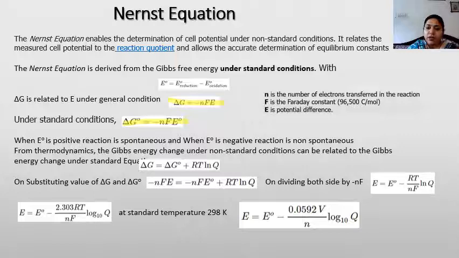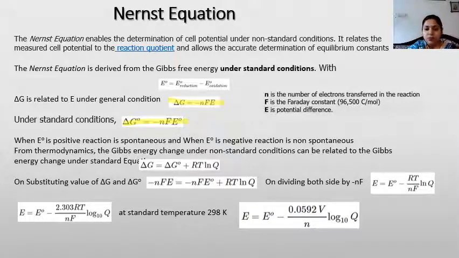According to thermodynamics, if delta G is negative, the reaction is spontaneous. If it is positive, then the reaction is non-spontaneous. So if E naught is negative, in that case delta G will become positive and the reaction will be non-spontaneous. But if E naught is positive, in that case delta G will be negative and the reaction will be spontaneous.